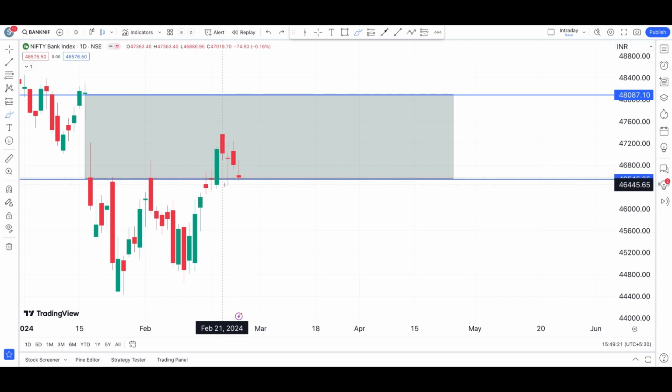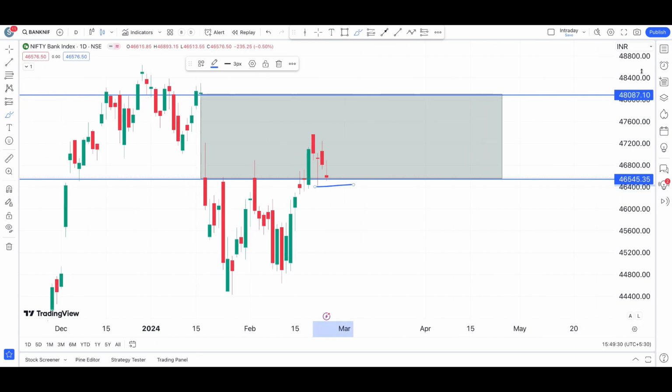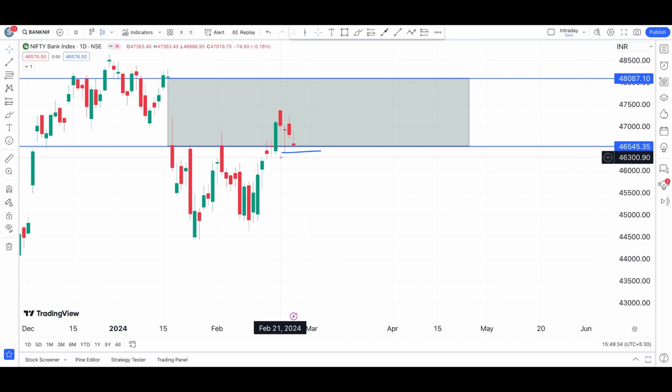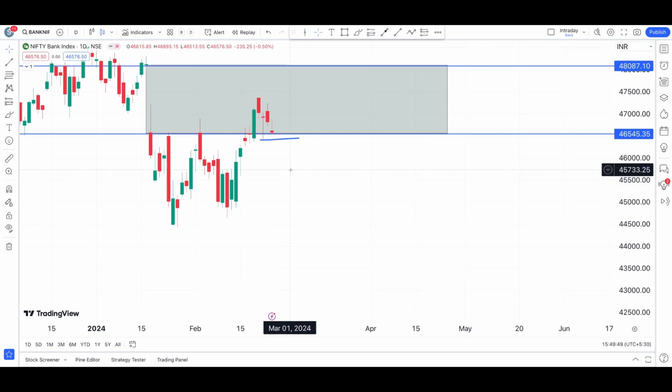But to come to that bearish decision on a major trend level, you need to see a break from this level. And you cannot say that the trend of the Bank Nifty is really negative until you break this. But there is a high chance that if, for any reason, this fails to go upside and falls below this, then we can expect a good move in the Bank Nifty as well.